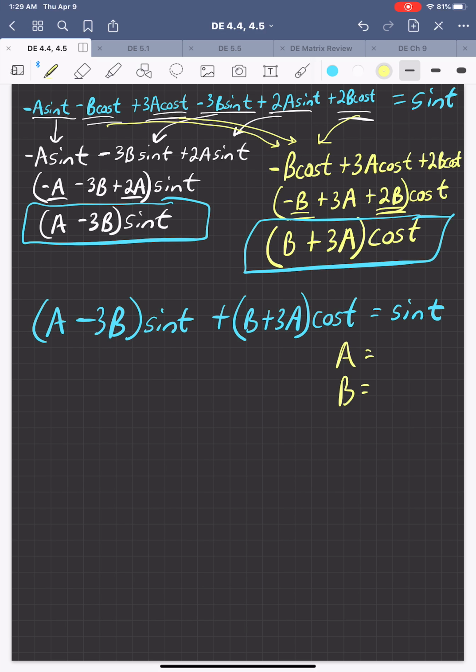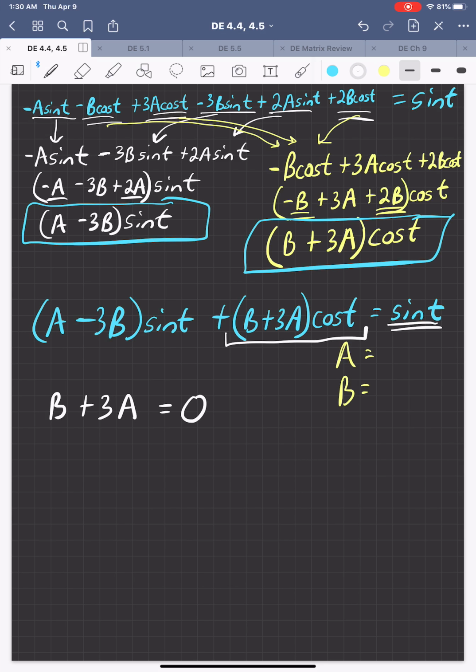Looking at the right side of the equation, all I have is a sine. So I'm definitely going to want this whole term to zero out. Does that make sense? That b plus 3a has got to equal 0 so that the cosine disappears.